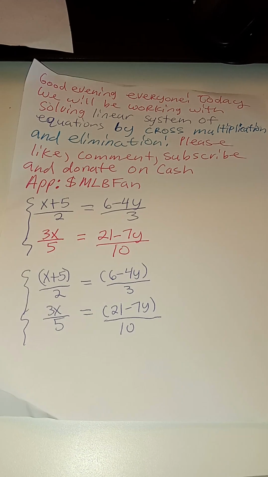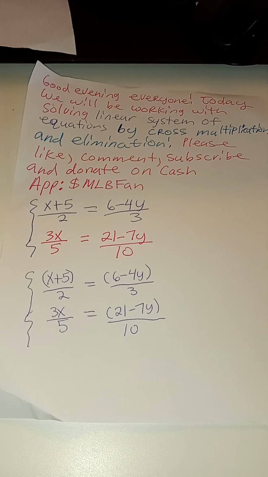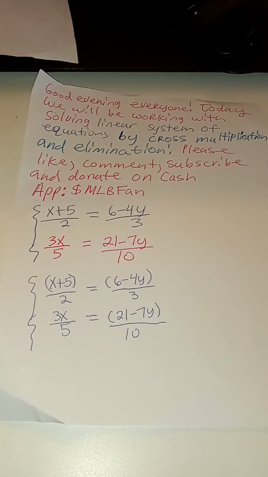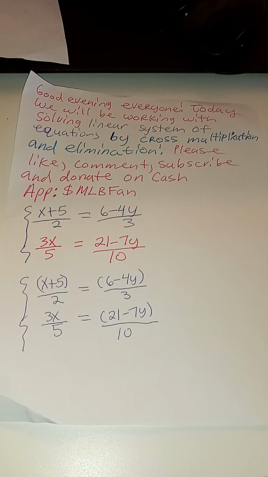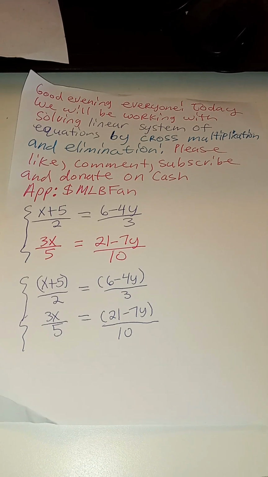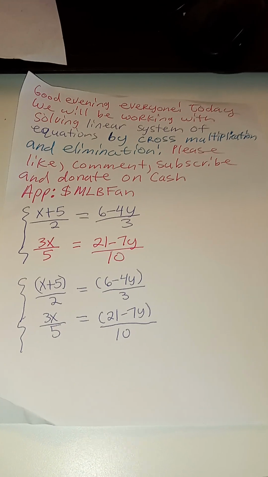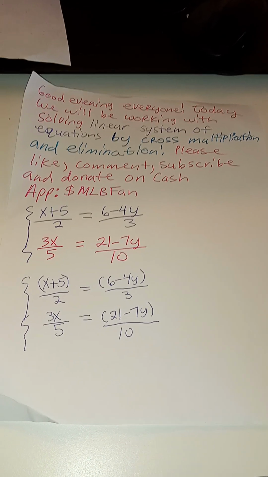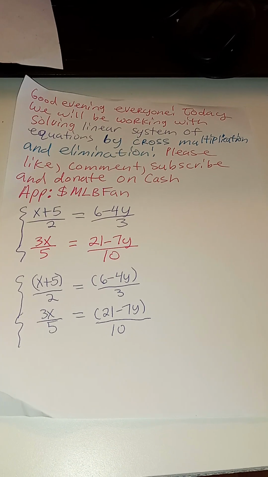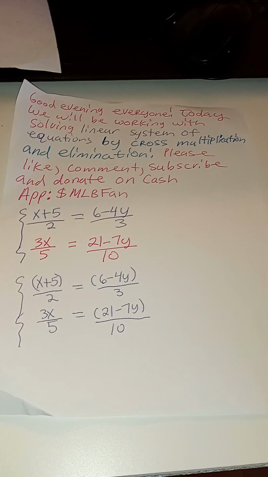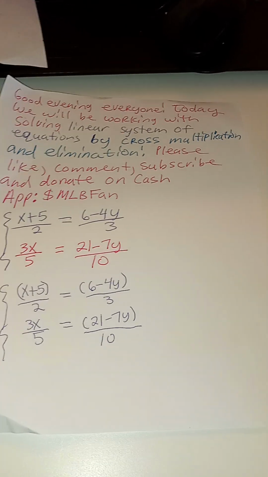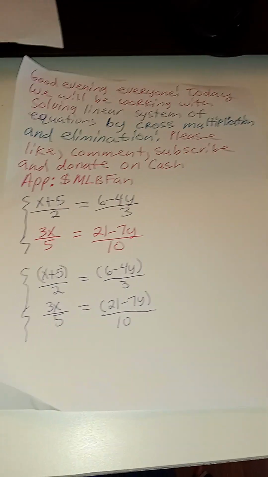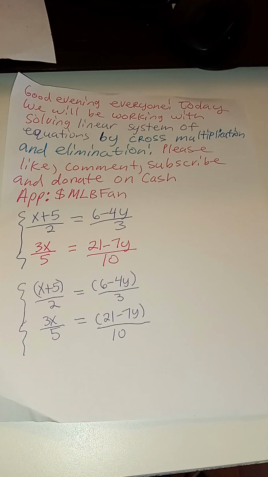The binomials consist of two terms, so that includes x plus 5, 6 minus 4y, and 21 minus 7y. So let's get started. We will begin solving on the next page.